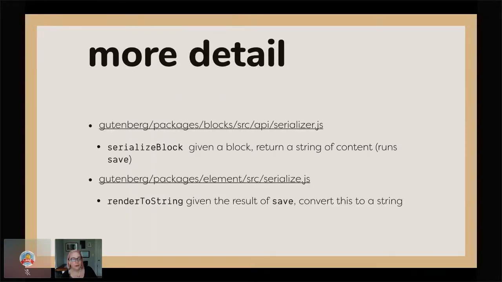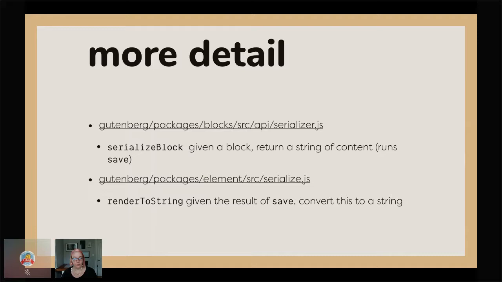If you want even more detail about what I've just been talking about, I've got a few slides through this presentation where I'm going to point you back towards Gutenberg core code, because I find it to be pretty easy to read. It's well commented, well documented.